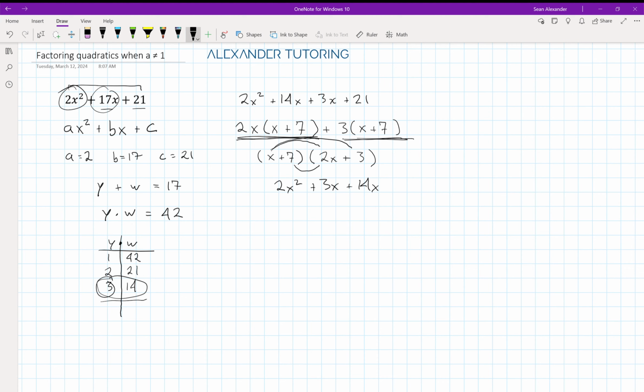Do you see how we got the 3x plus 14x? That's why we want to think of two numbers that add to 17x. Because in the distributing process, we can see that these are going to add up to the middle term. And then finally, 7 times 3 is plus 21. That restores the c term. We can add 3x and 14x together and get 17x plus 21, back where we started.